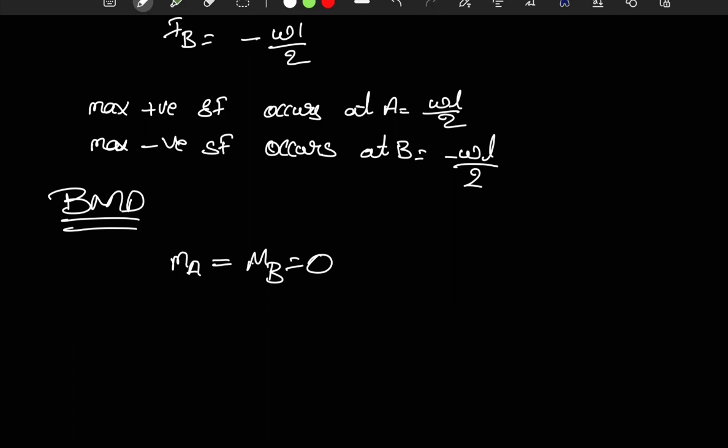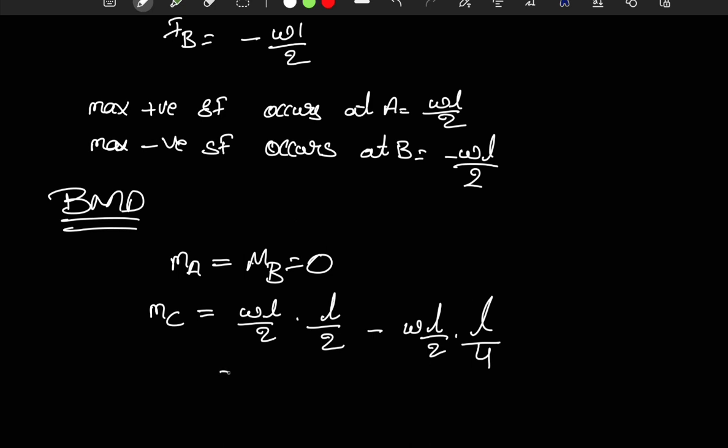We have maximum bending moment at the center. MC is equal to WL by 2 into L by 2 minus WL by 2 into L by 4, which is WL square by 4 minus WL square by 8.